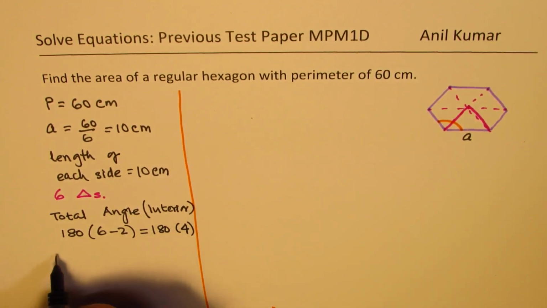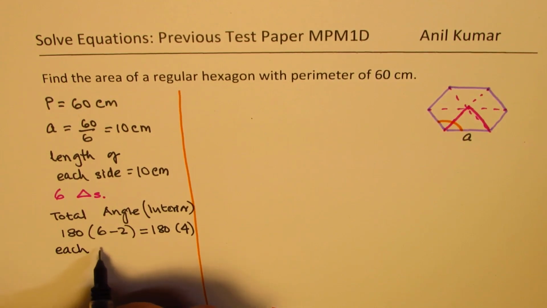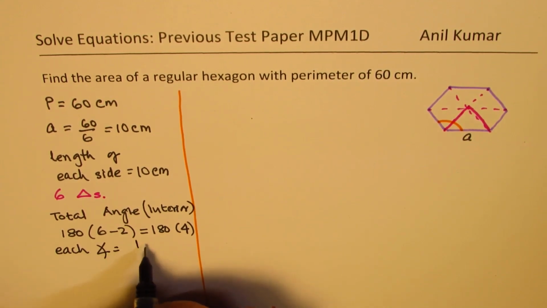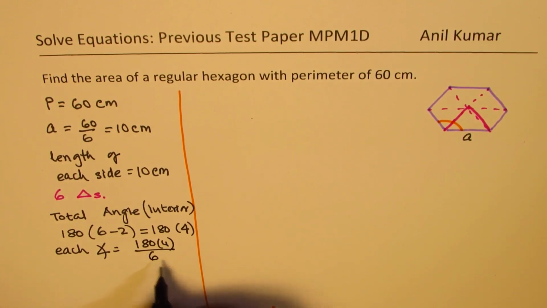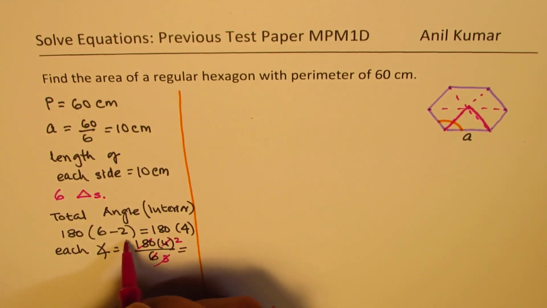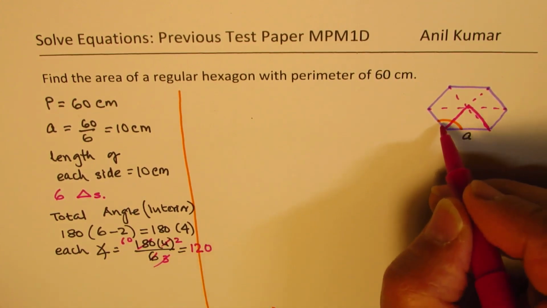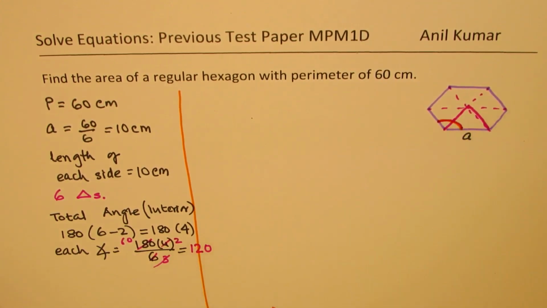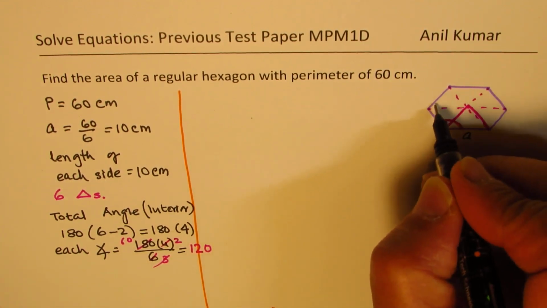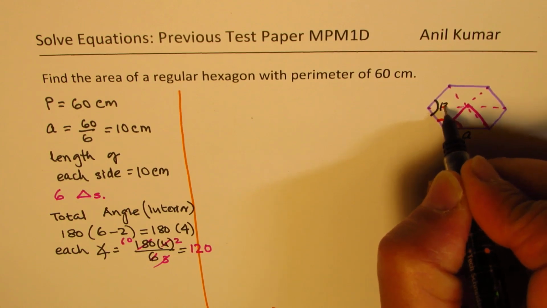So each angle is how much? Each angle is 180 times 4 divided by 6. That goes 2 times, this is 3 times, and that gives 60, right? So it gives you 120. So each angle here is 120.